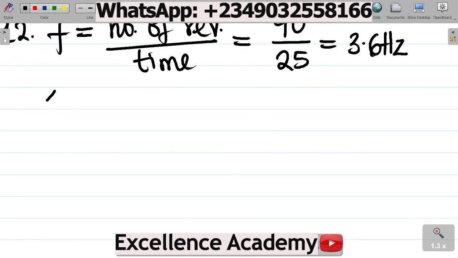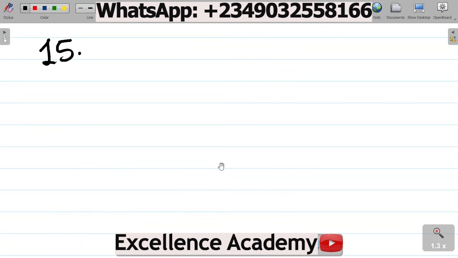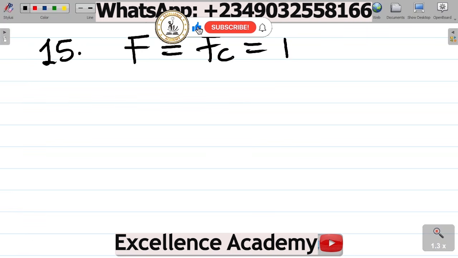For question number 15, you want to note that they said it moves in a circular path. The motorcycle moves around in a circular path. That means the force there will be equal to centripetal force. All right. And we know that centripetal force is equal to mv squared all over r.